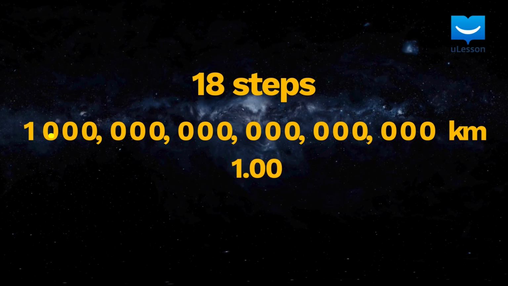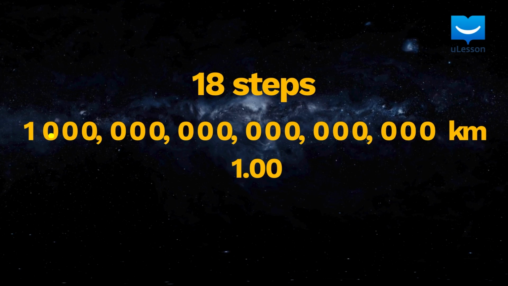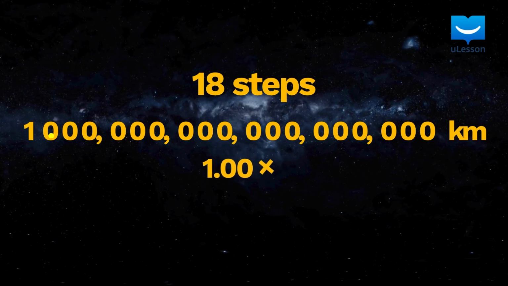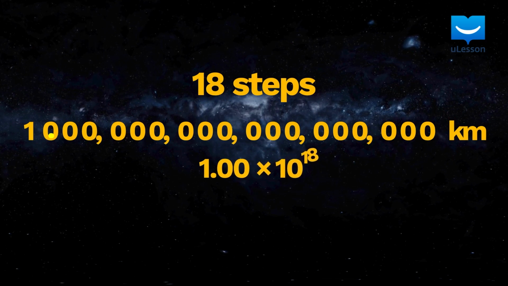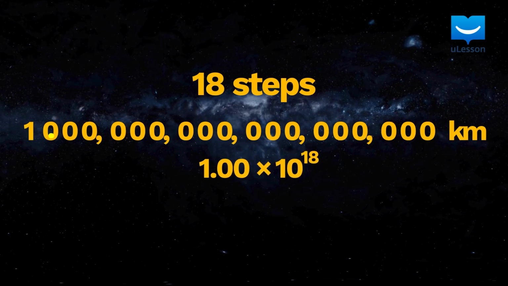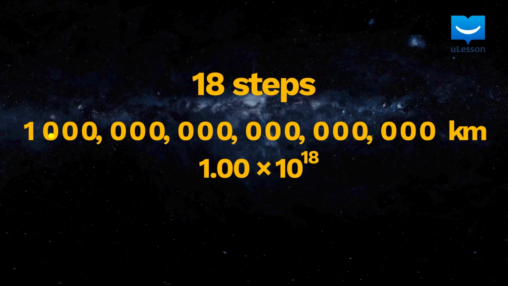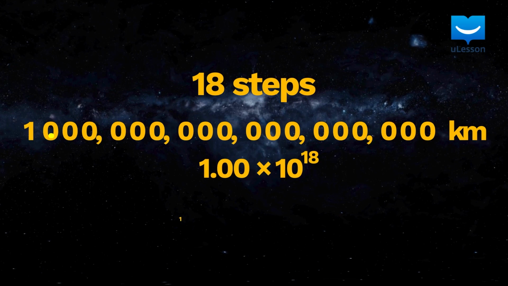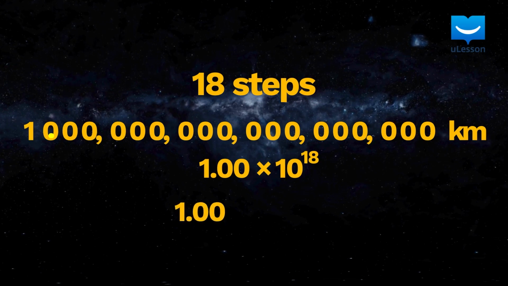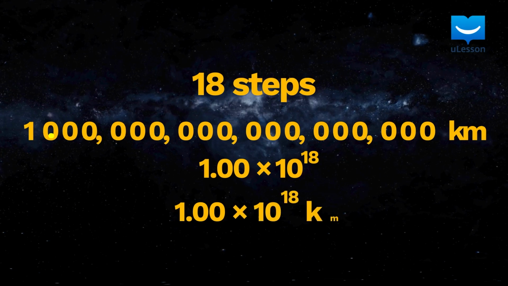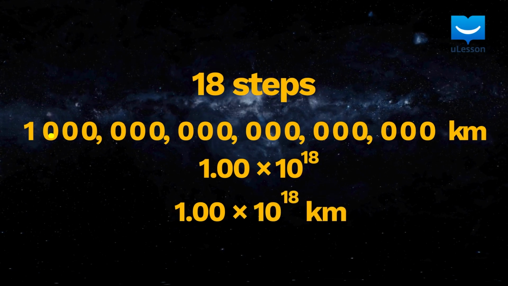That is why we will compensate for the lost digits by multiplying 1.00 by 10 raised to the power 18, since we moved 18 steps to the left. So the diameter of the Milky Way is 1.00 times 10 raised to the power 18 kilometers.